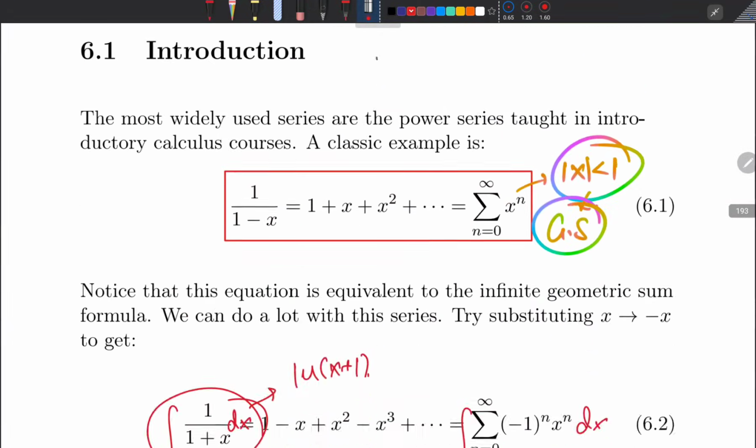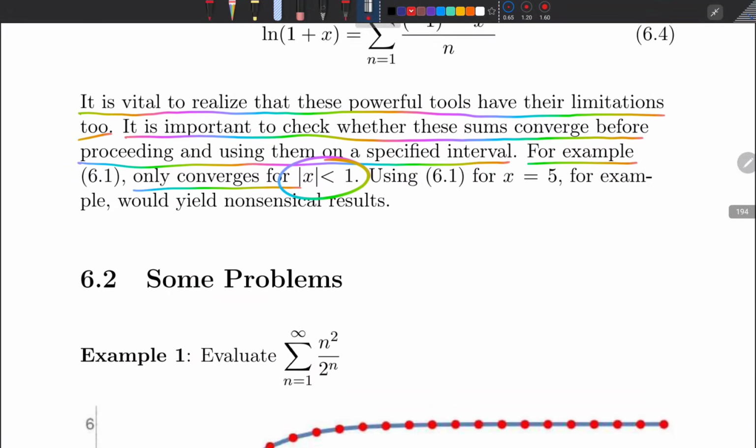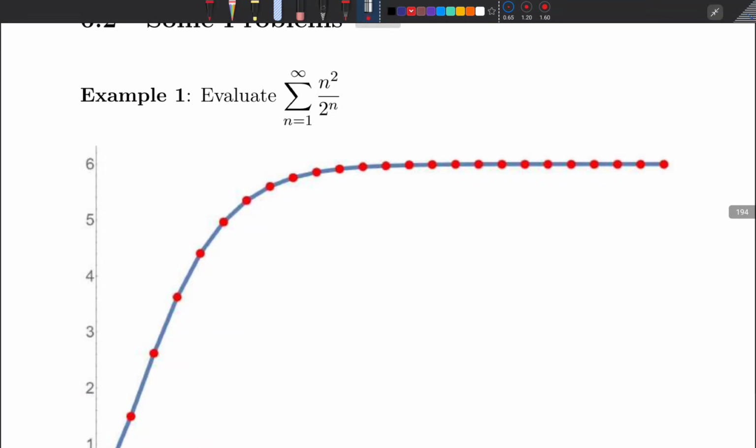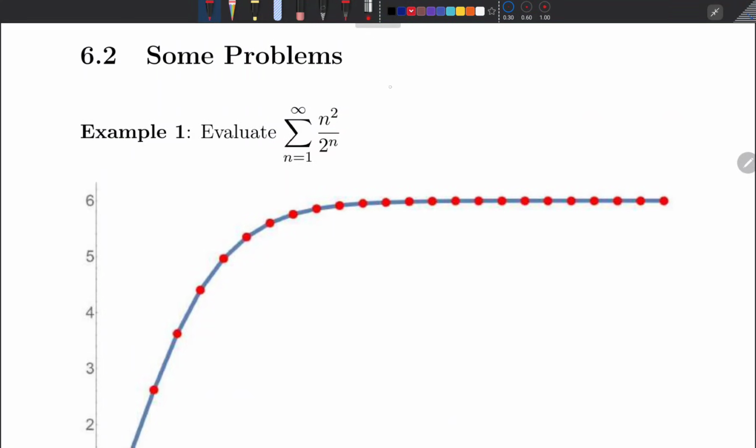Okay, I got it. Evaluate this part. Let me tell you something here. We have the polylogarithmic function.